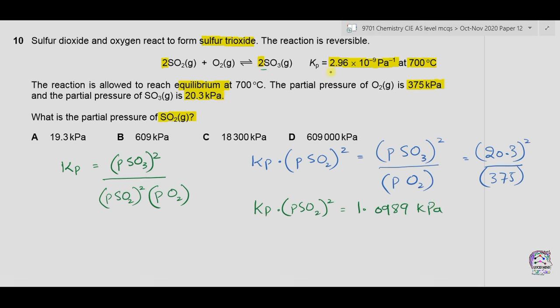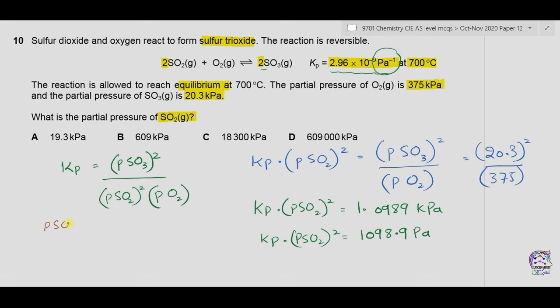As the value of Kp is given in per pascals, we can convert our kilopascals into pascals by multiplying with 1000. So Kp times pressure of SO2 squared equals 1098.9 pascals.